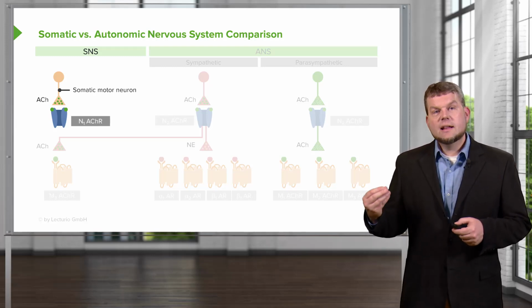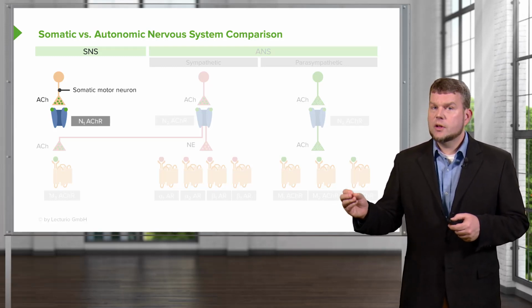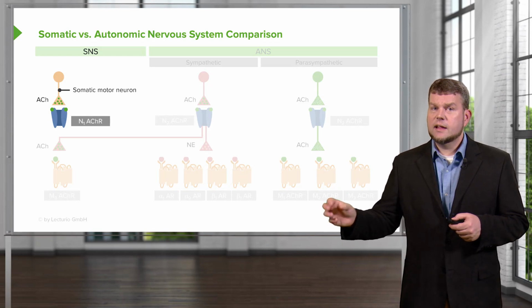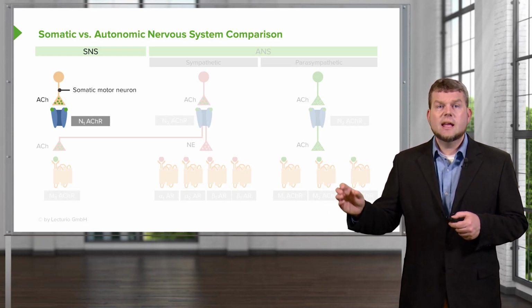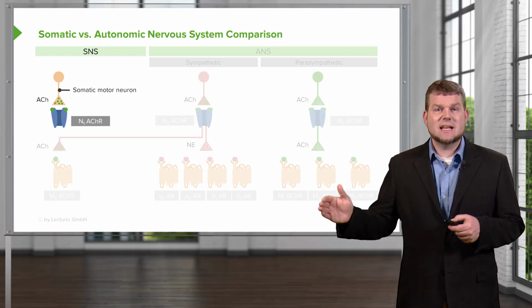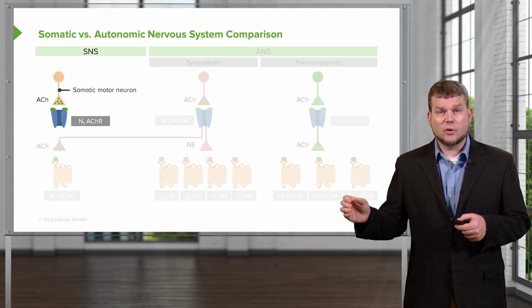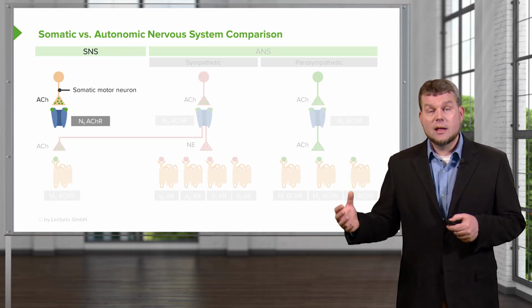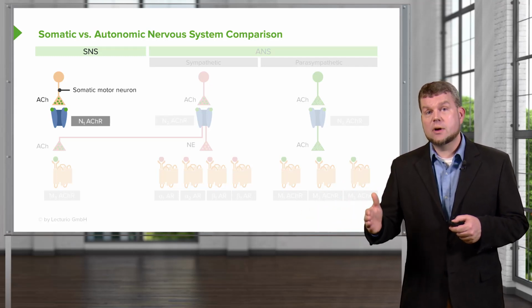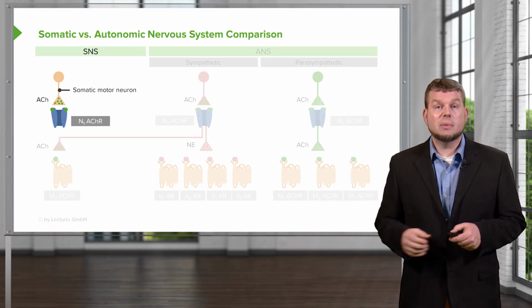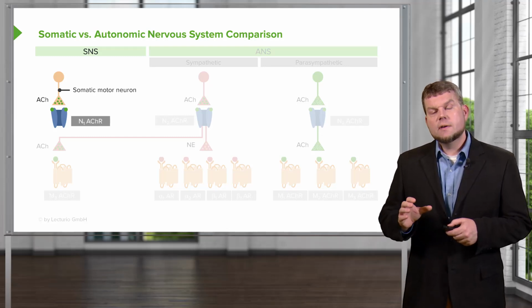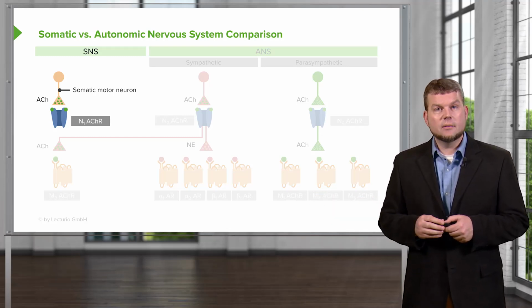That acetylcholine leaves the axon terminal, goes across the synaptic cleft, in this case the neuromuscular junction, and binds to a nicotinic type 1 acetylcholine receptor that is ionotropic, meaning that it allows ions to travel once the acetylcholine binds to it. This is a very classic way of signaling.